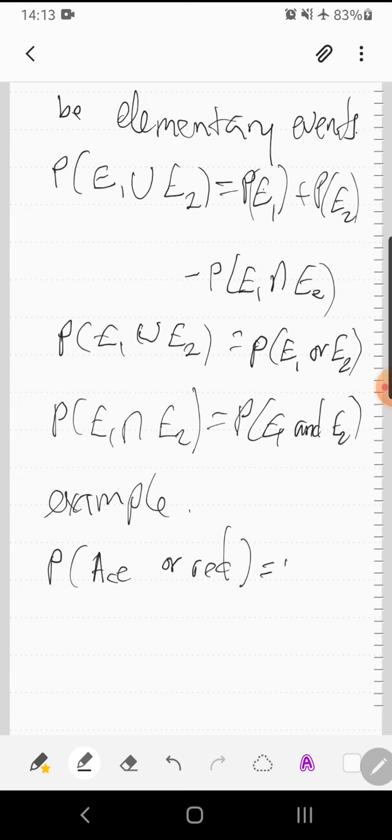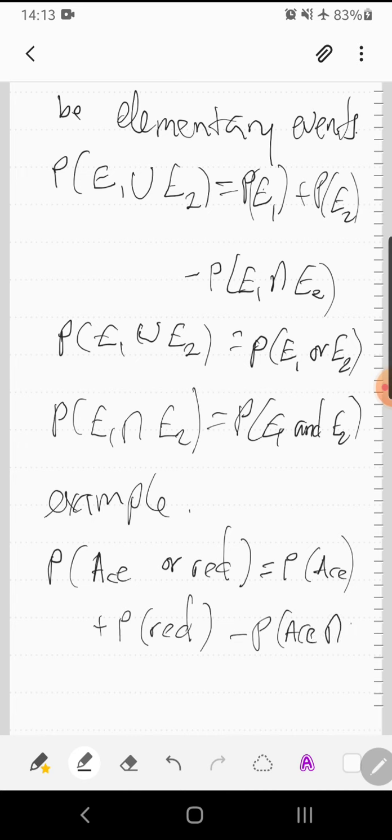So this is just the probability of an S plus the probability of a red minus the probability of an S intersection red.